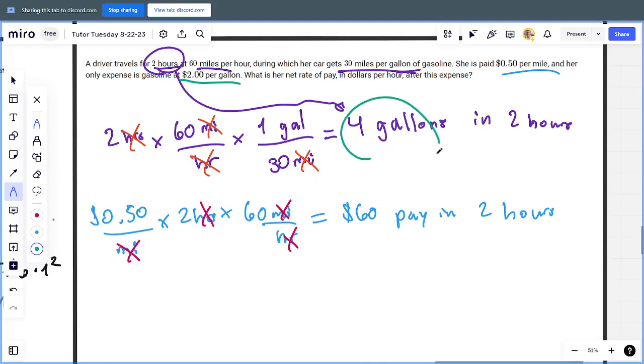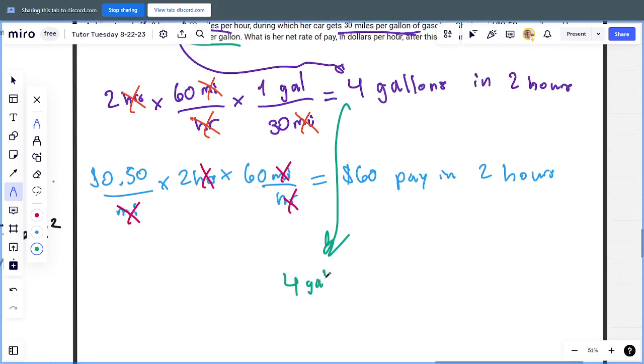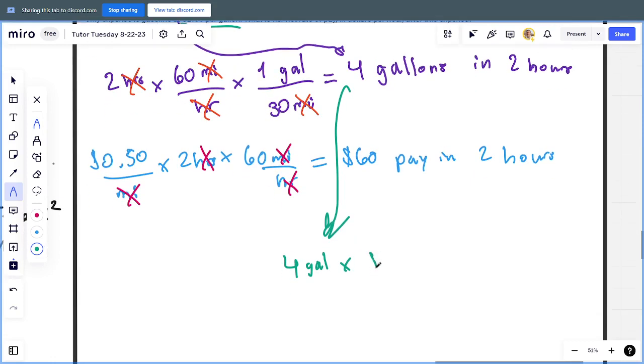So if she spent 4 gallons of gas, that's going to be 4 gallons times $2 per gallon. The gallons and gallons will cancel out. She has to pay out of pocket $8, $8 of costs in 2 hours.